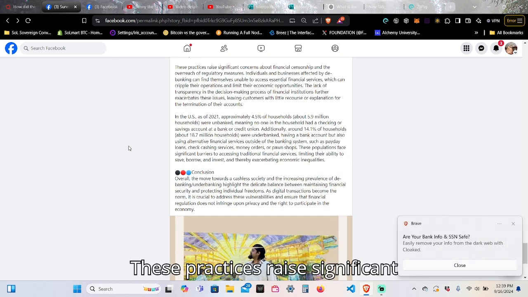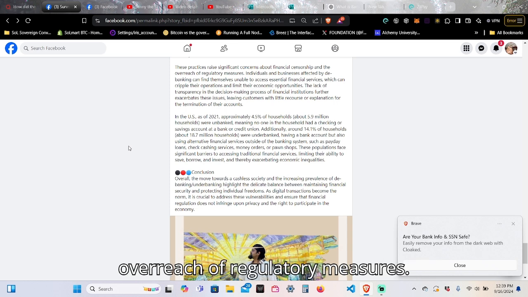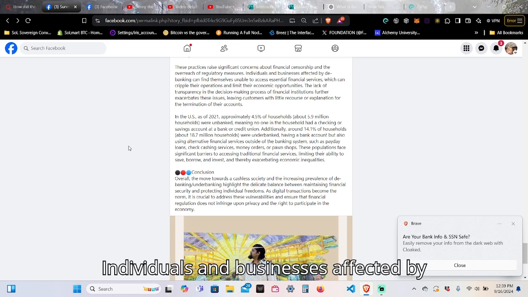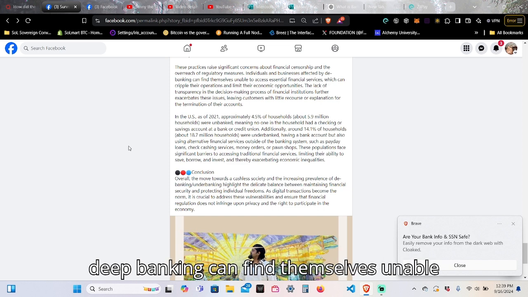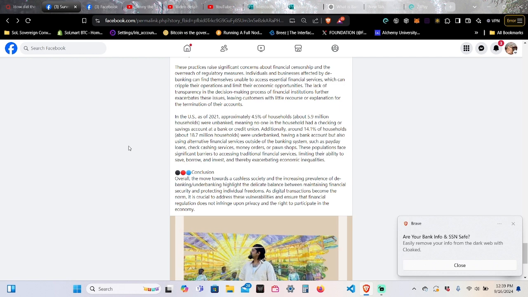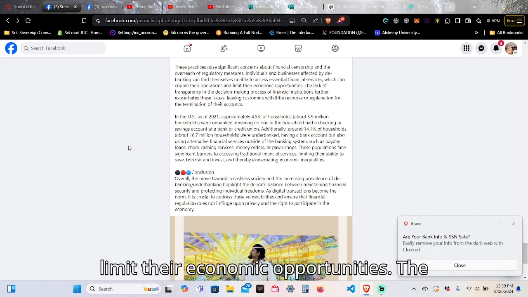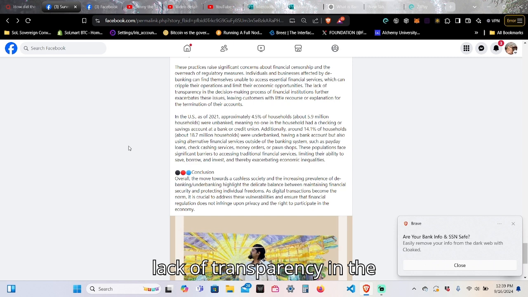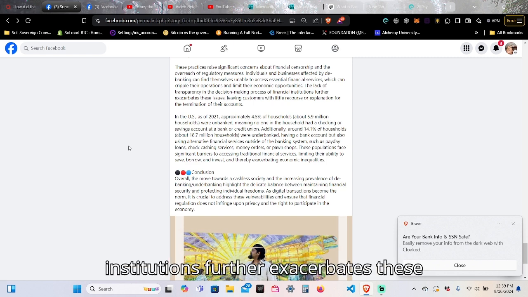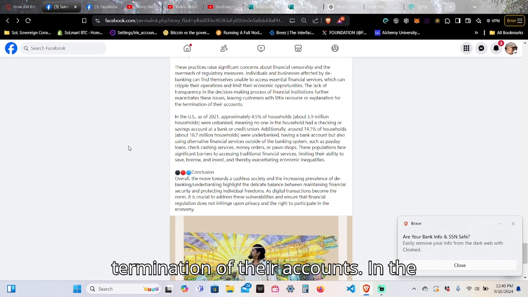These practices raise significant concerns about financial censorship and overreach of regulatory measures. Individuals and businesses affected by debanking can find themselves unable to access essential financial services, which can cripple their operations and limit their economic opportunities. The lack of transparency in the decision-making process of financial institutions further exacerbates these issues, leaving customers with little recourse or explanation for the termination of their accounts.